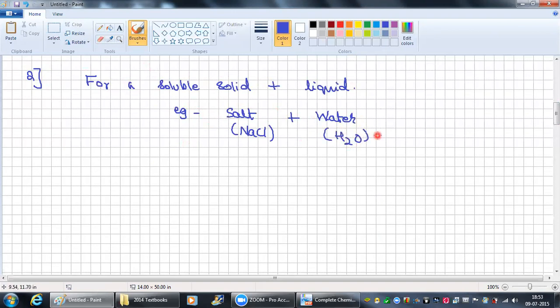Now here different methods are there that are used. If you want the solid part, then you can use the method of evaporation. This is evaporation to obtain solids.